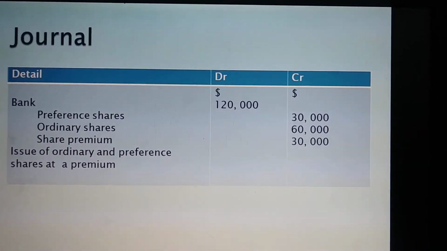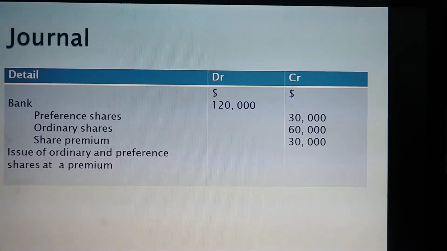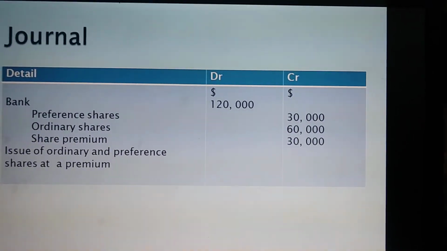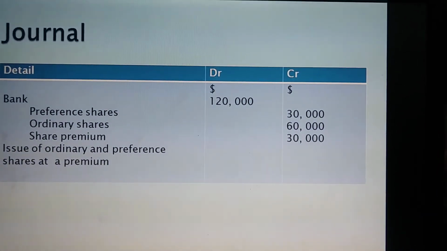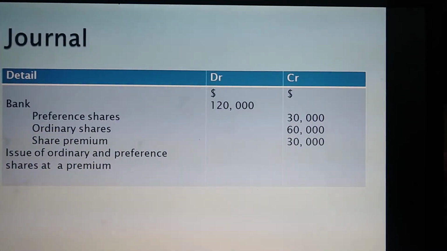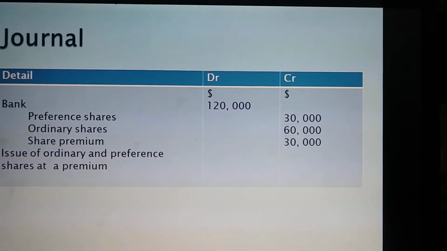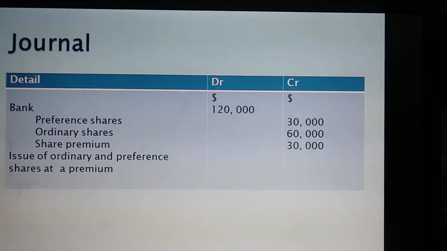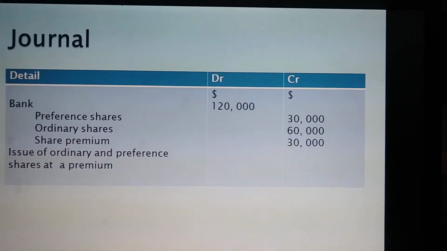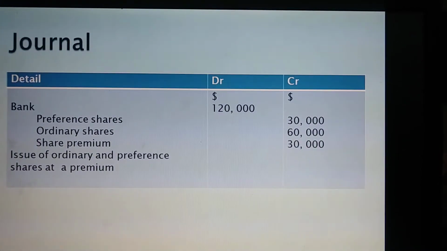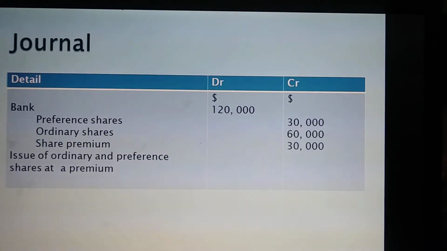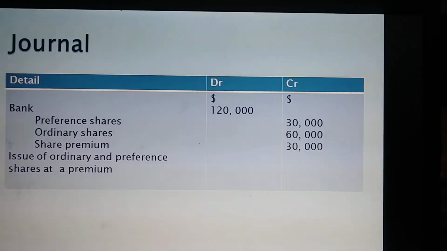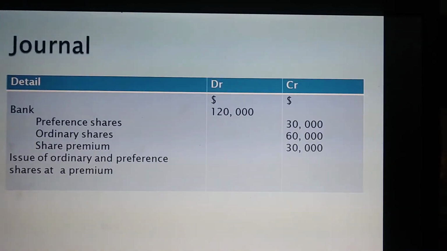Once you issue a share, you are expected to receive money. And once you are receiving money, it means your bank account is going to increase. So yes, the money you receive is debited to the bank account. Now, this total amount that you would have banked, you're going to now show how it is that you actually earn this amount. So we are going to divide them. The preference shares amounted to 30,000 and this must be credited. The ordinary shares amounts to 60,000 and the share premium 30,000.